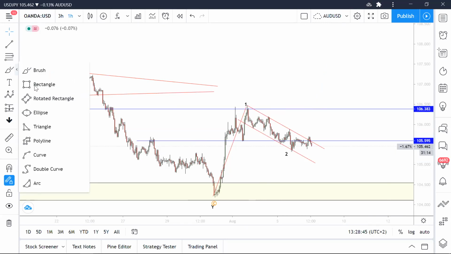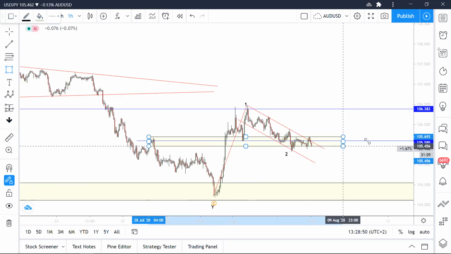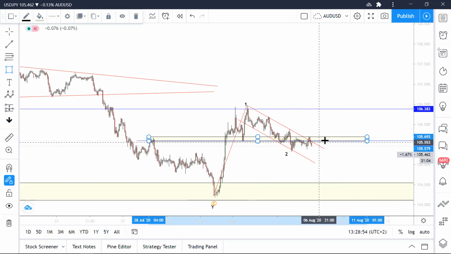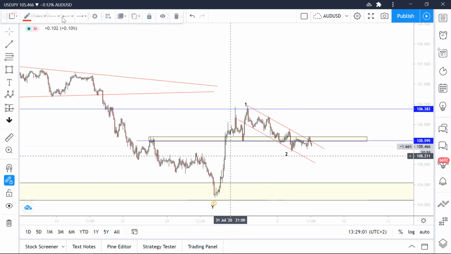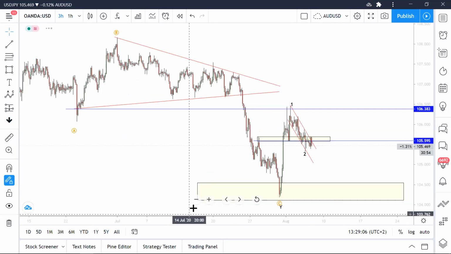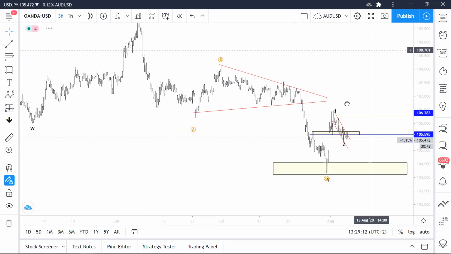Then what I've also marked on the 1 hourly time frame was this level of support or resistance here. You can see that there's a lot of indecision at this price area right there. But another significant thing that I want you guys to take into consideration is to go to a higher time frame. Let's just look at the 3-hour time frame, for example.